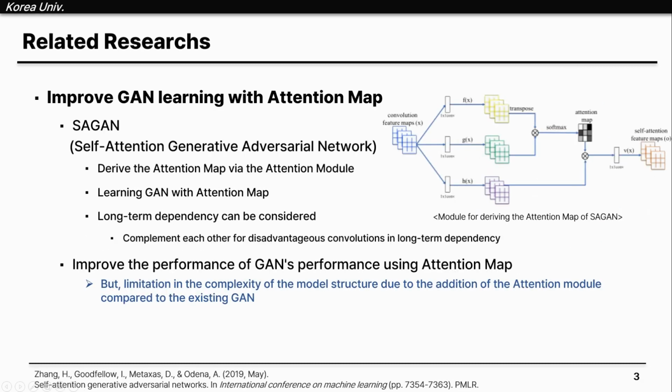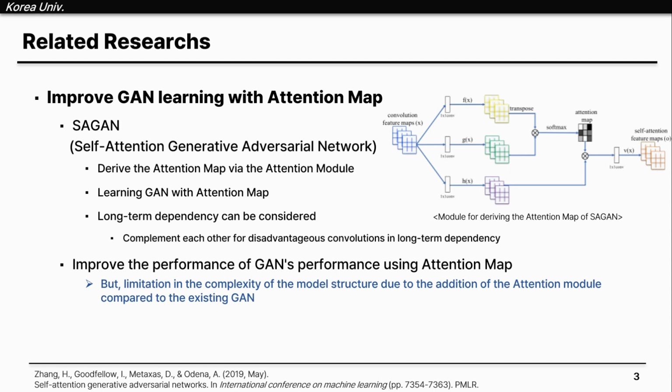The following is about related research. I will talk about the improvement of GAN's learning through the attention map. SA can derive the attention map by separately organizing the attention module.